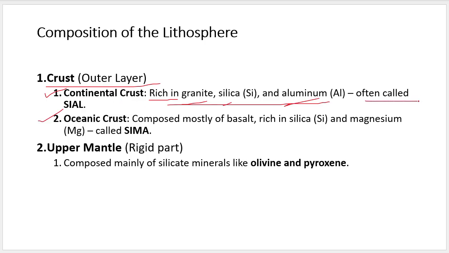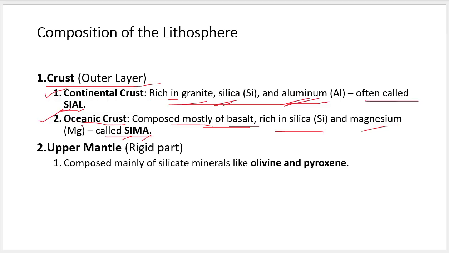They are often called SIAL. In SIAL, SI means silica and AL means aluminium. This is the symbol for these two minerals. Coming to oceanic crust, it is composed mostly of basalt. This basalt is a rock rich in silica and magnesium, and they are often called SIMA.